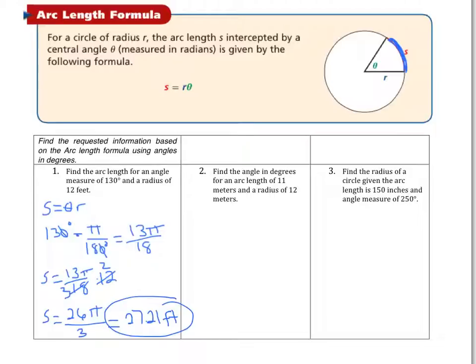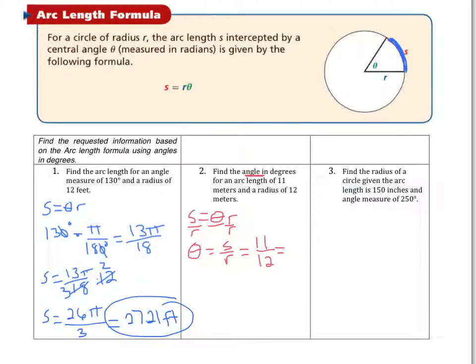In number 2, we have S equals theta times R. We know that our theta has to be in radians. So here's my angle. I want to find my angle, so then I have to get rid of the R. So divide by R. So my theta equals S over R. And my S is my arc length, so that's 11, over my radius, which is 12.